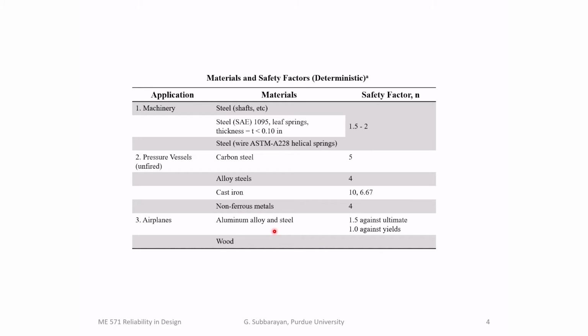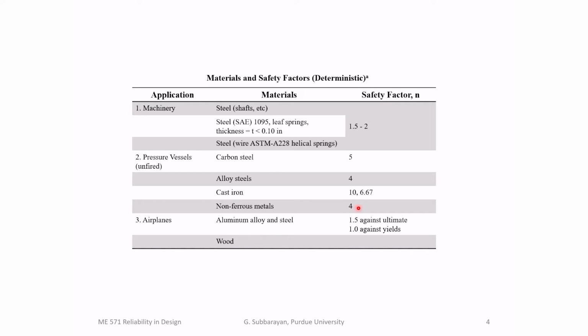Airplanes. The safety factor typically is around 1.5 against ultimate, 1 against yield. And the reason why we would want to go with a lower safety factor is because a conservative design would be a very heavy aircraft that's not suitable, and therefore we need to reduce the factor of safety, and the only way you can do that is by extensive testing.